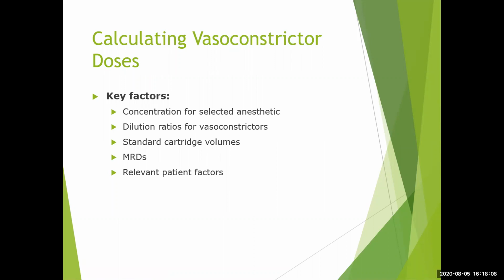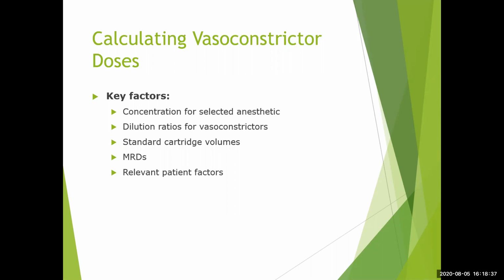Okay, so you're always going to calculate local anesthetic and vasoconstrictor, unless the formulation doesn't have any vasoconstrictor, like 3% mepivacaine plain, then you would just calculate the local anesthetic. But most of the anesthetics you use have vasoconstrictor in them. So you're going to first calculate the local anesthetic, and then you're going to calculate the vasoconstrictor because there's MRDs for both.